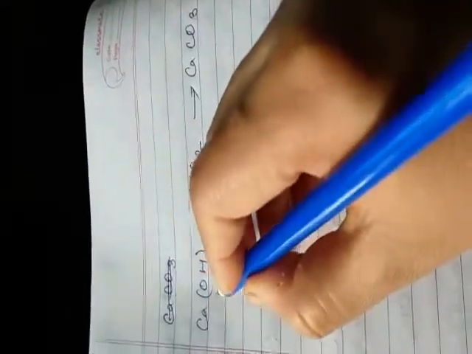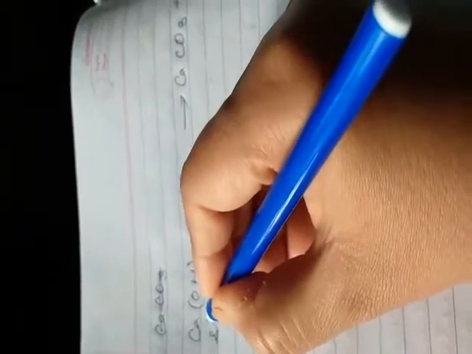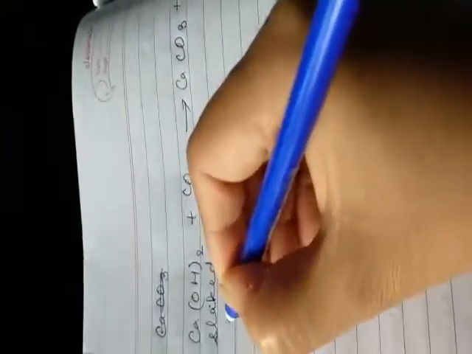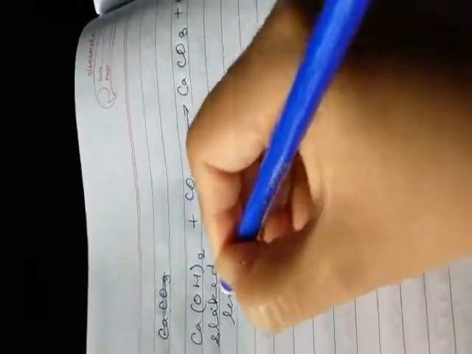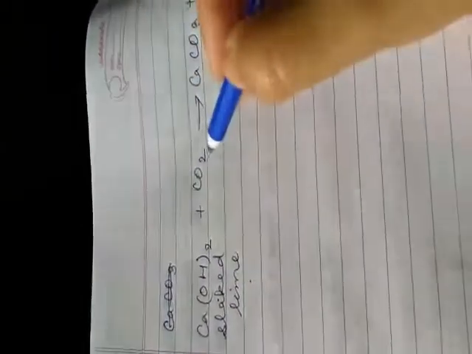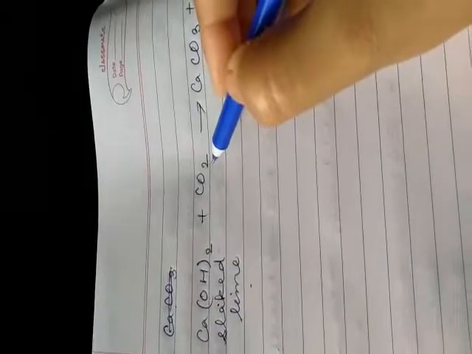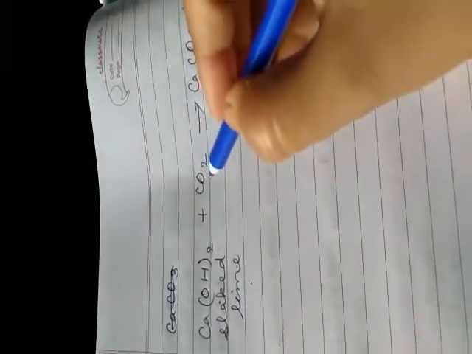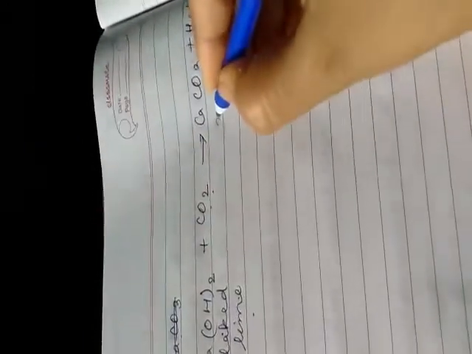CaCO3. As you know, CaCO3 is formed by the whitewashing with slaked lime. When we whitewash slaked lime on the wall, and that slaked lime reacts with carbon dioxide, calcium carbonate is formed, which is milky white in color.